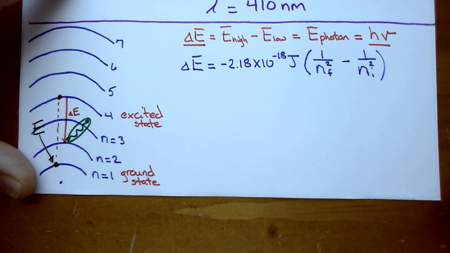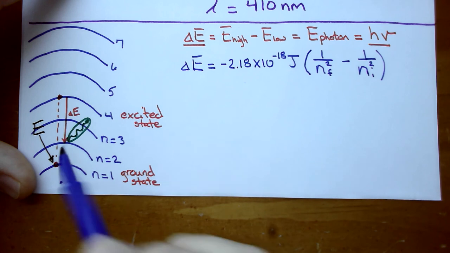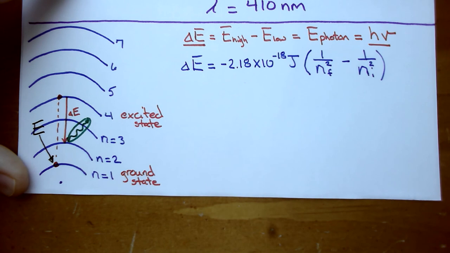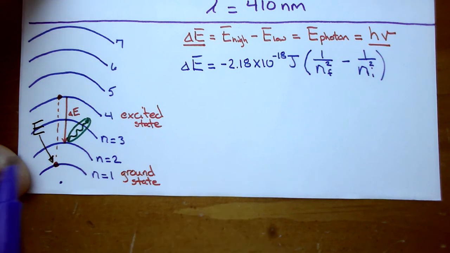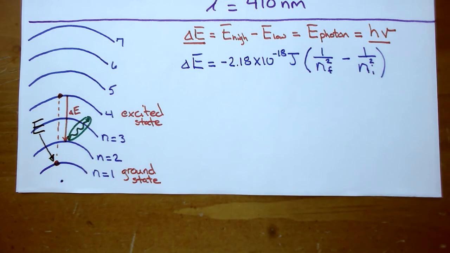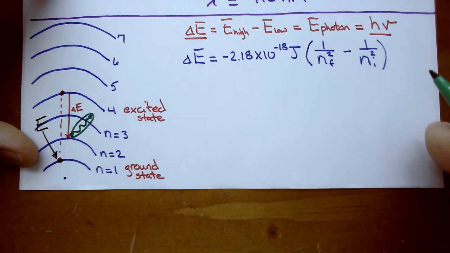So if we look at where we're dropping from energy level 4 to energy level 2 in this case, let's see if we get something that matches from above. So I don't remember the color, so I'm just going to use green right now.